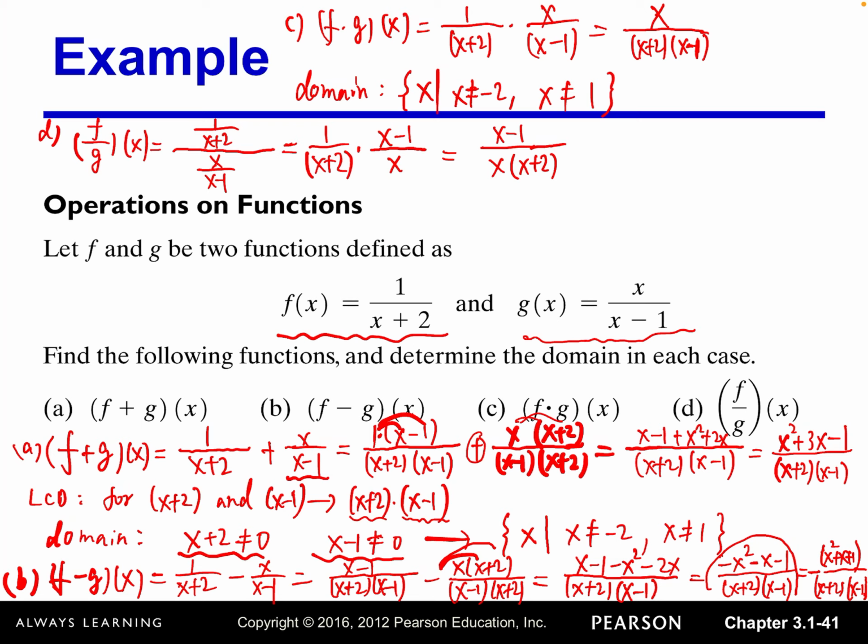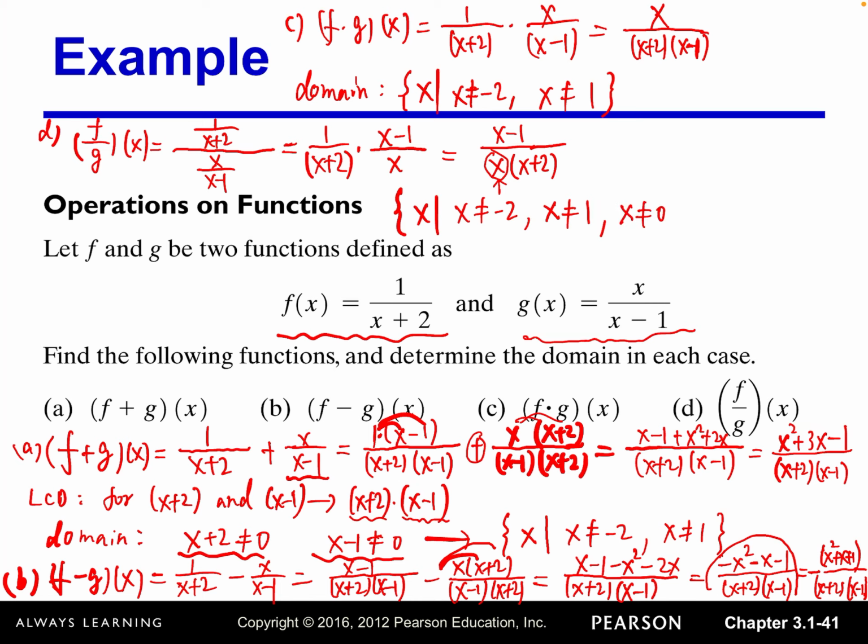This time the domain will change a little bit. Again, x cannot equal negative 2, a restriction coming from function f of x, and x cannot equal positive 1, a restriction coming from function g of x. And then we have one more restriction. After we divide these two functions, we have a new factor in the denominator, which is x.